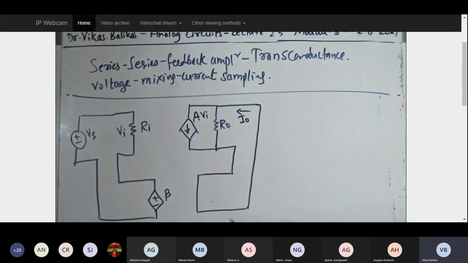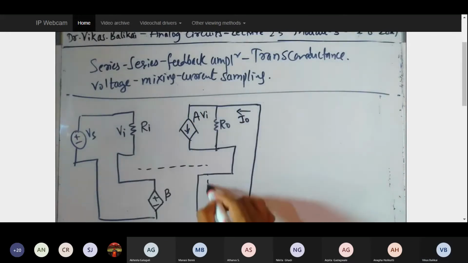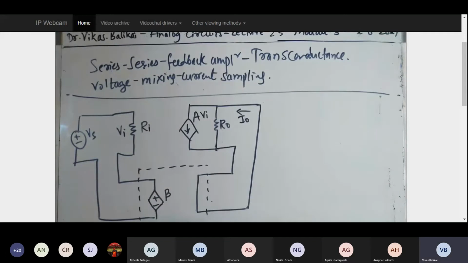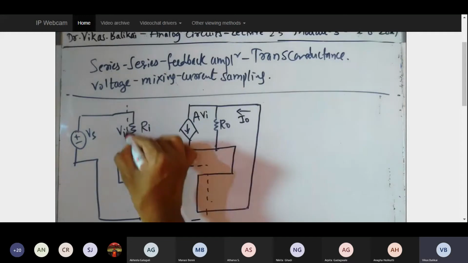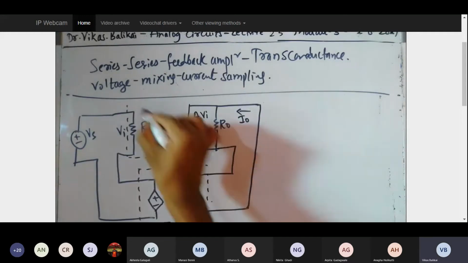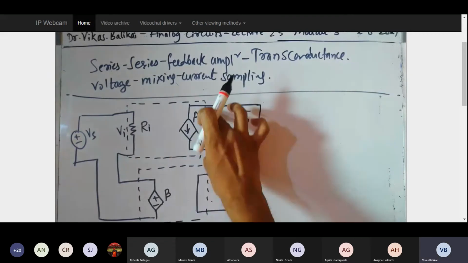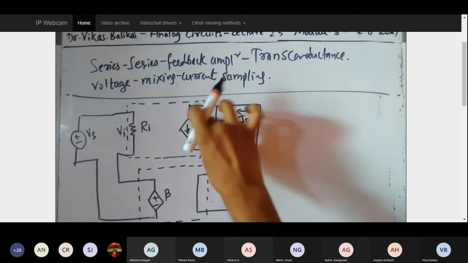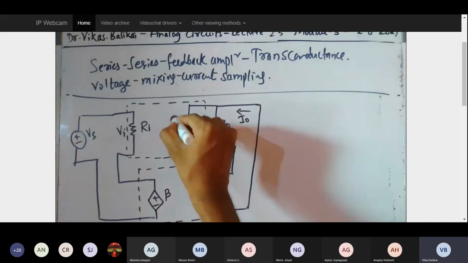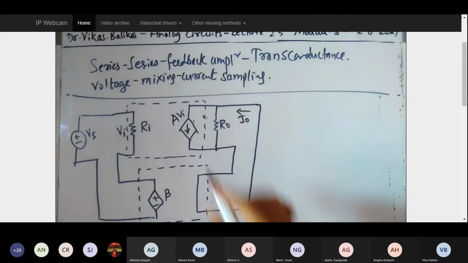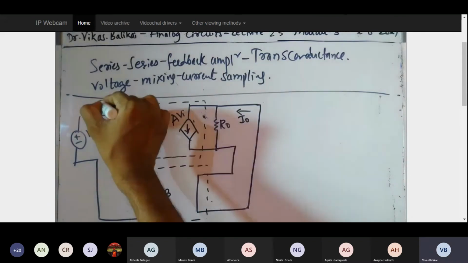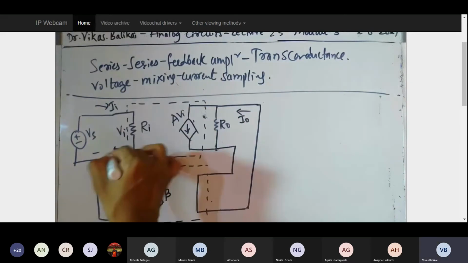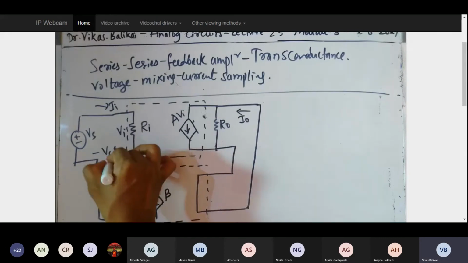This is my beta circuit, and the upper portion is my A circuit. This is a dependent current source. Here is my input current Ii that is entering, and the feedback voltage Vf. So this is the structure that I have written.